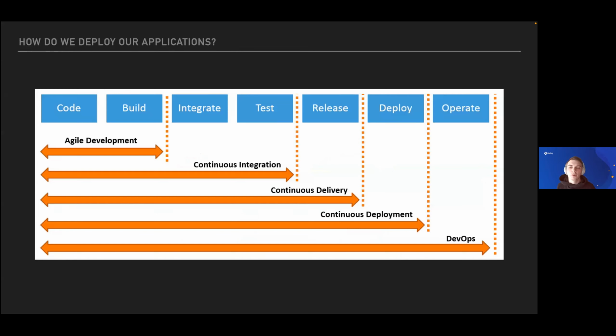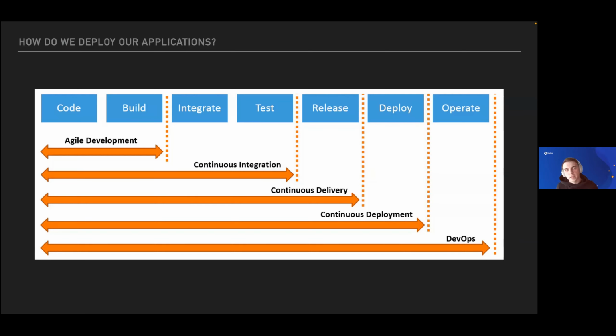So how do we deploy our applications? We have different stages, as I mentioned. Continuous delivery and continuous deployment sound really similar, but they have a pretty significant difference. With continuous deployment, if you trust your test suite enough, if you trust your team members, and you're 100% confident that moving to production or staging in a fully automated way is your choice, then you can choose continuous deployment and deploy your application as soon as it is ready.